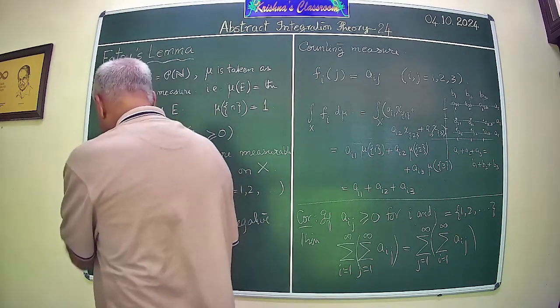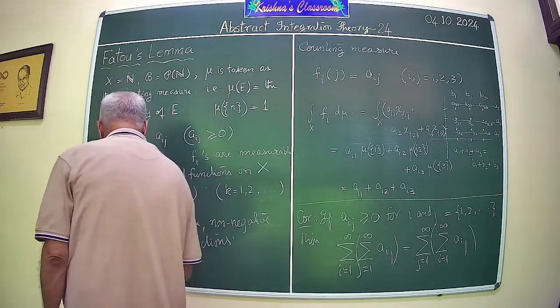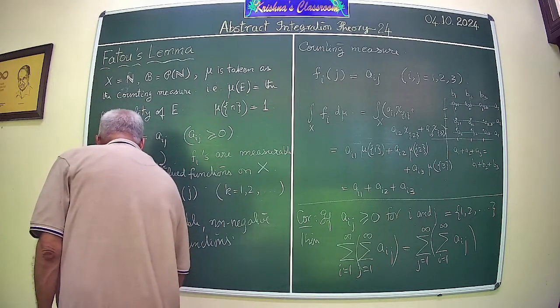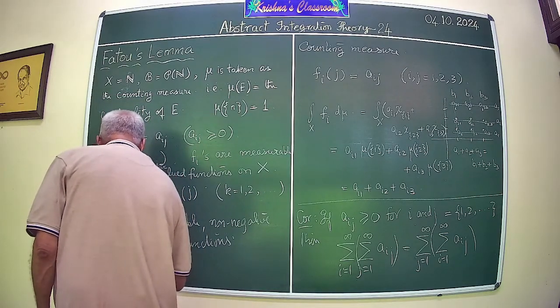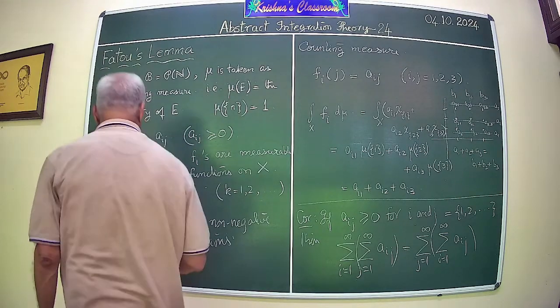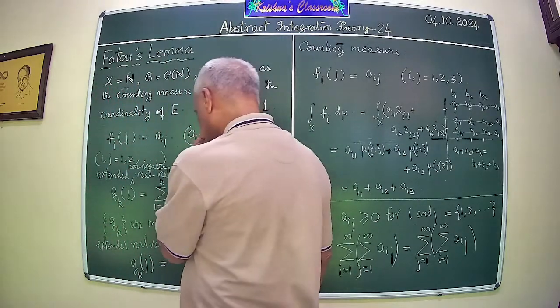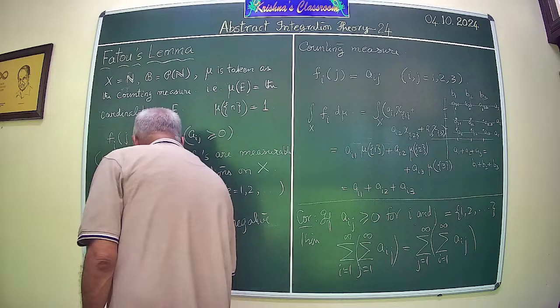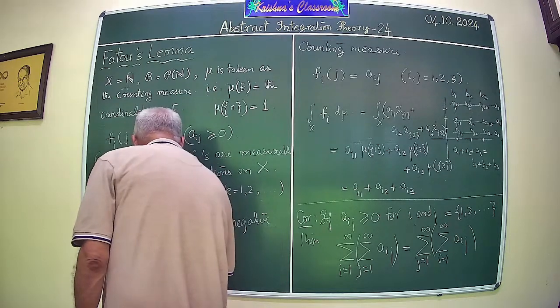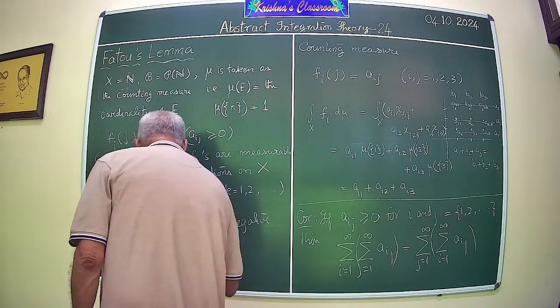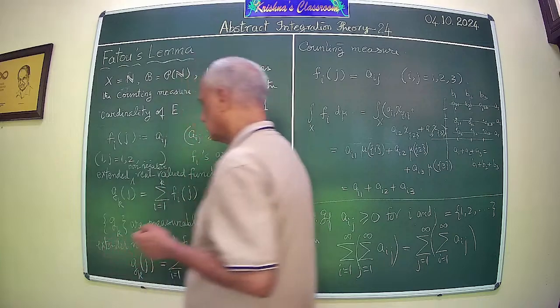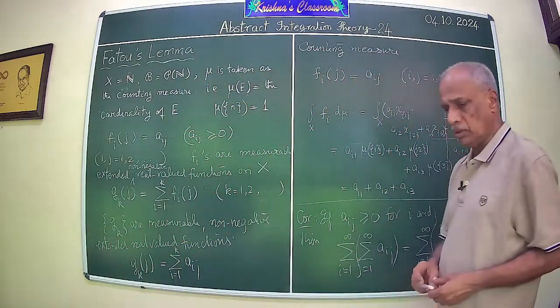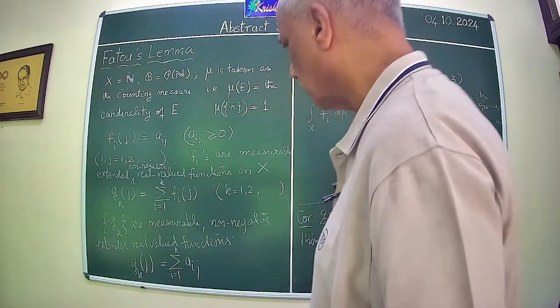Now g_k at j turns out to be f_i at j is a_ij, so it is going to be the sum of a_ij with i running from 1 to k. That's what it turns out.